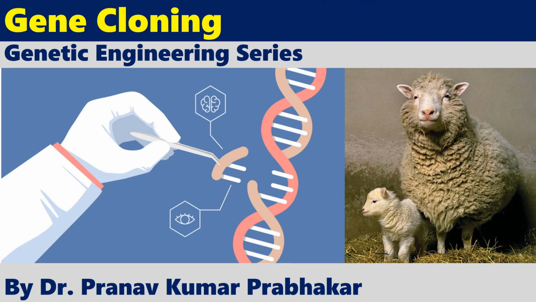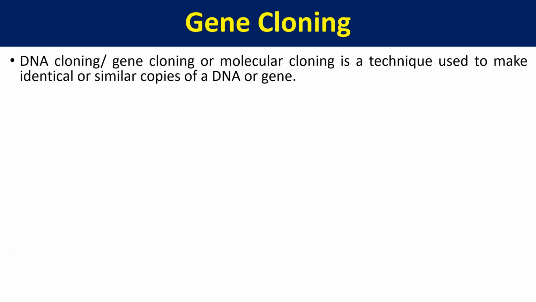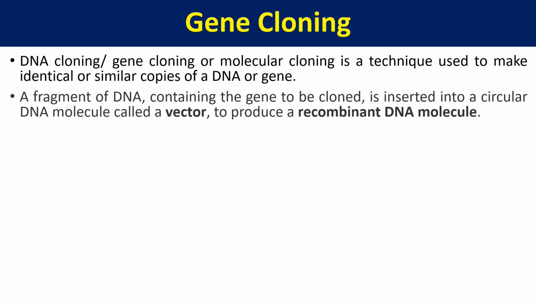Okay. So there are a few points. Gene cloning or molecular cloning is a technique used to make an identical or similar copy of DNA or a gene. So you are going to make the exact copy, like xeroxing, a molecular xeroxing you can call it.